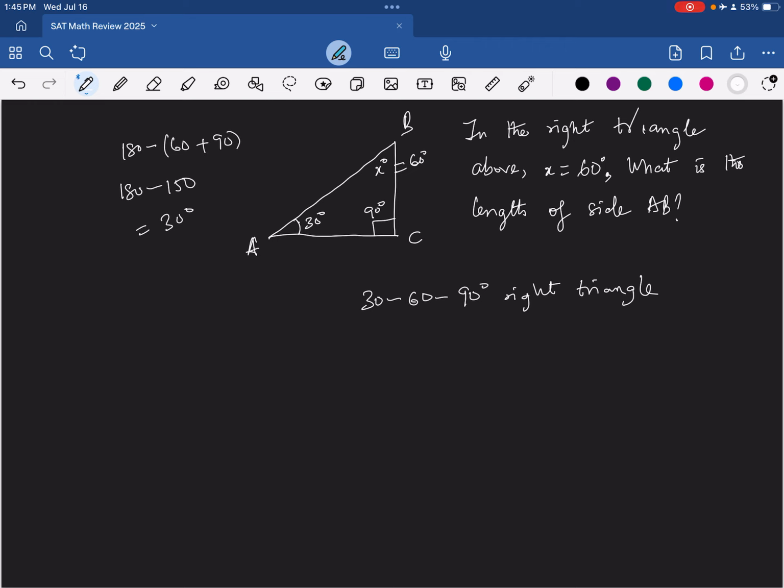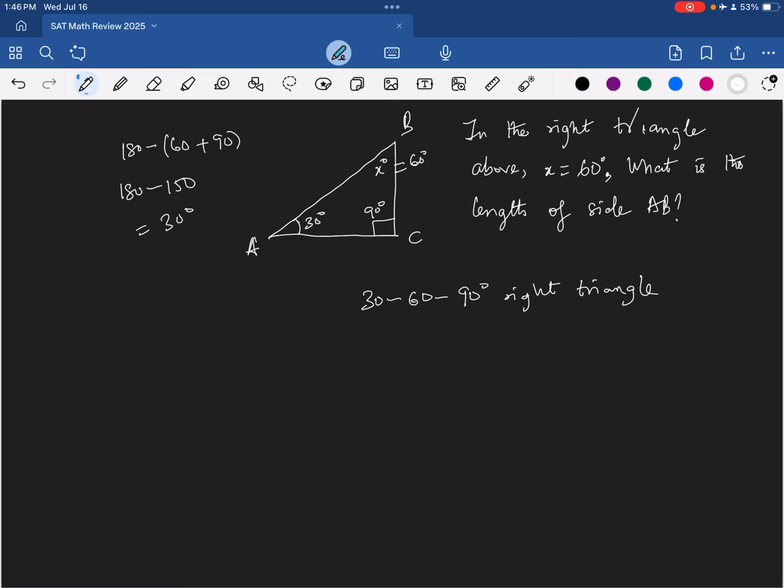And there is a very interesting observation about the 30, 60, 90 right triangle. The observation is that the lengths of the sides are in a particular ratio. You need to know this ratio coming into the SAT exam, because the 30, 60, 90 right triangle is commonly tested on the SAT.